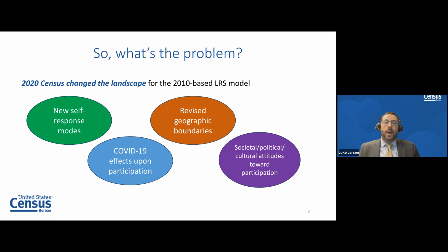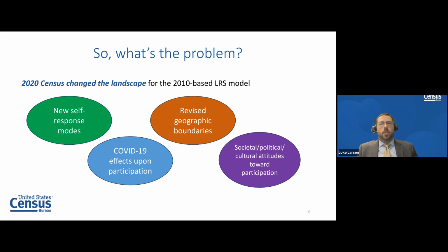There are also revised geographic boundaries that we need to consider. The tracts and block groups in 2010 are defined differently than they are in 2020. And then there are some things completely out of our control. The coronavirus pandemic had an impact on how we were deploying the census and how people were engaging with it.